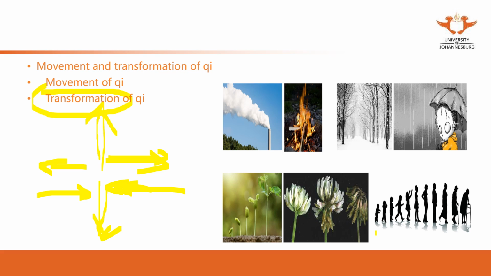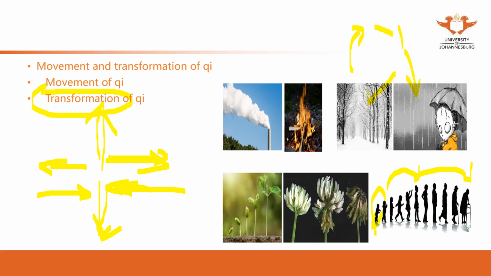For example, from baby changing to adult, changing to senior. The air changes into clouds, the clouds change into rain or change into snow. So these are the transformations.